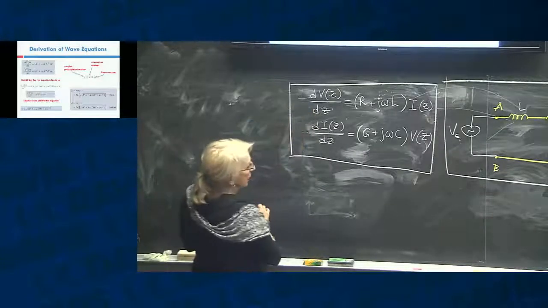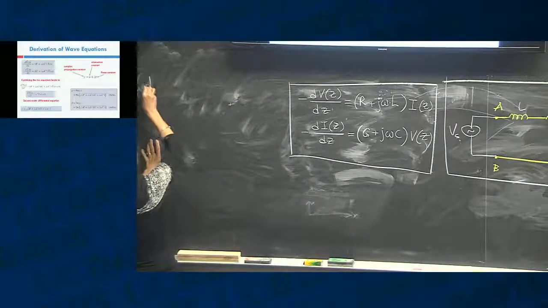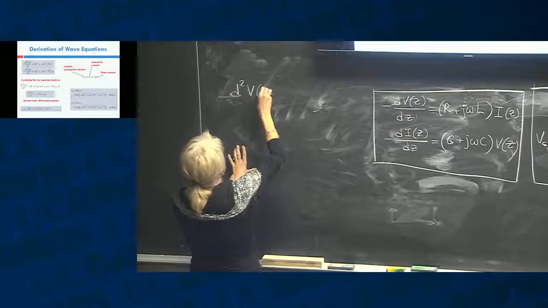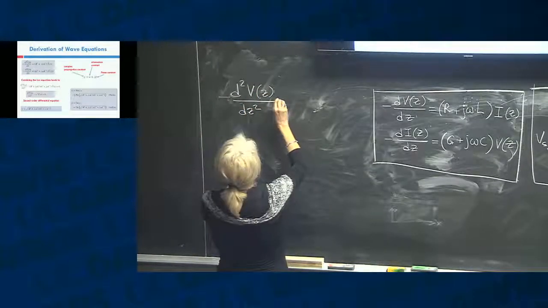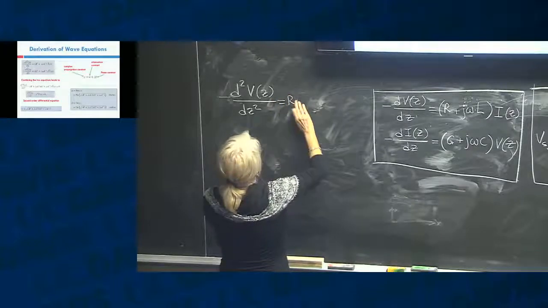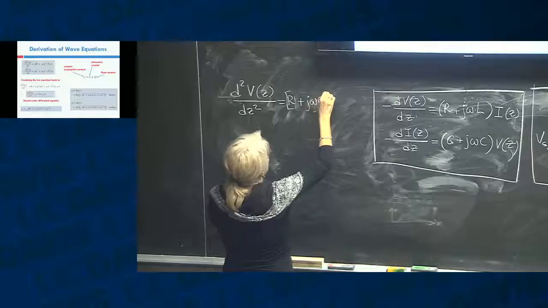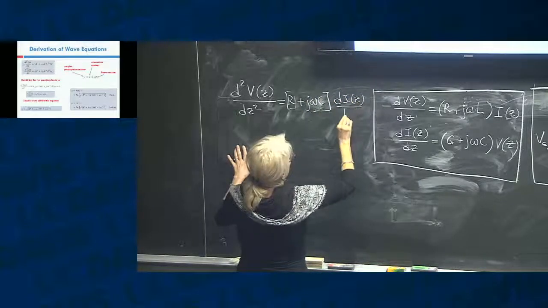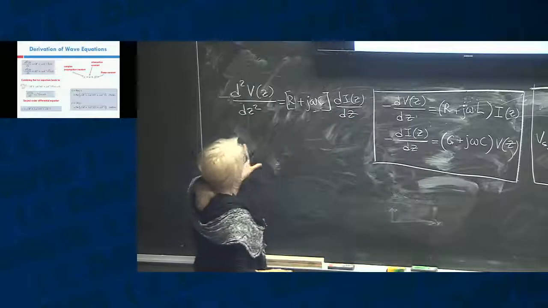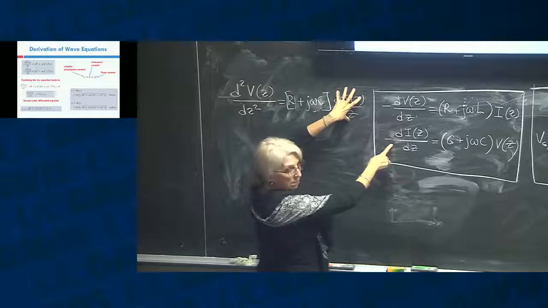So I can take the second derivative, and then it's going to give me minus d squared V of z over dz squared is going to be (R plus j omega C) dI of z over dz. And then from here, I know how much this is.